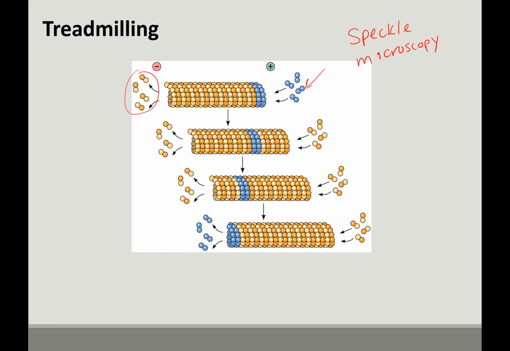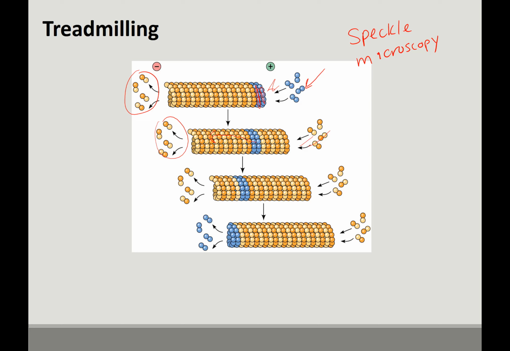where you can actually inject some fluorescently labeled heterodimers into a live cell, and they will accumulate, right? And so they'll be labeled, in this case they're blue, and as new ones are added, and as the minus end is lost, this blue one appears to be moving down the microtubule, right?